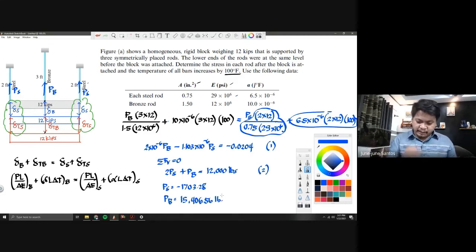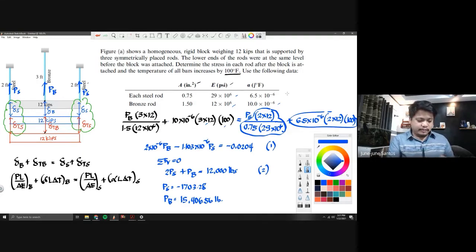I-double check muna natin. Baka may ano ko. So, PB, 3 times 12, PL all over AE, okay, that's correct. Plus 10 times 10 to the negative 6, L, delta T. So 100 degrees, PS. Okay, good.